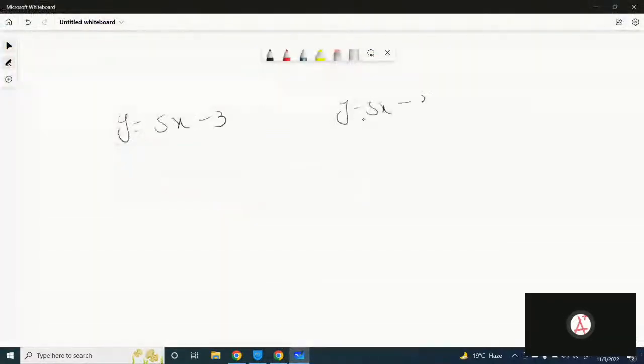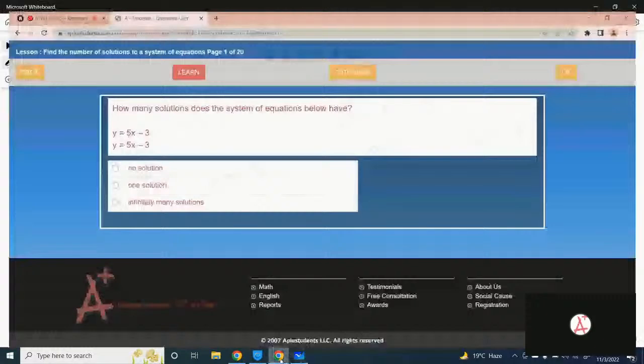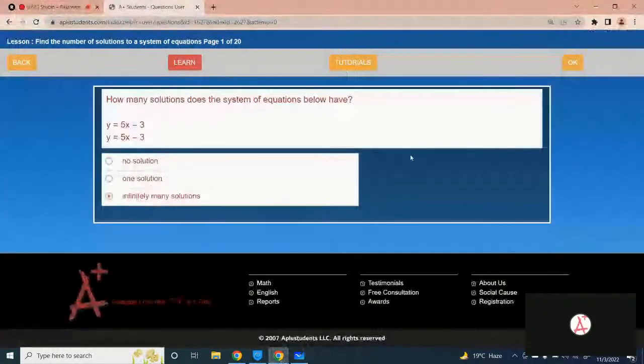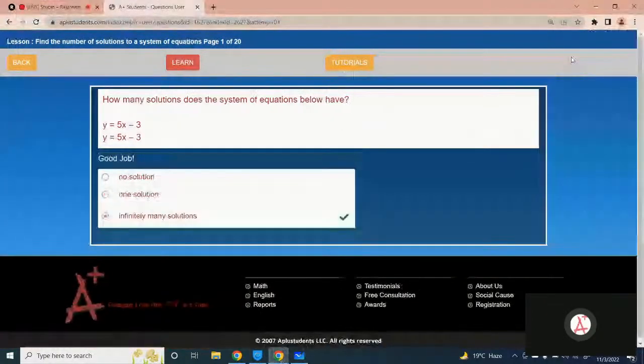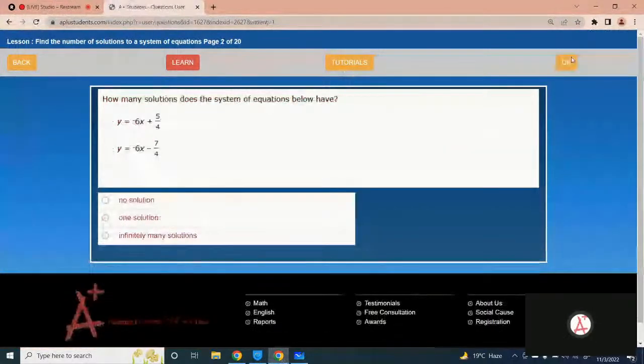So the slope in both equations is m equals 5. Got it? And the y-intercept in both equations is negative 3. So both equations have the same slope and the same b. That means the system has infinitely many solutions. Got it? Because when m and b are the same, there are infinitely many solutions.